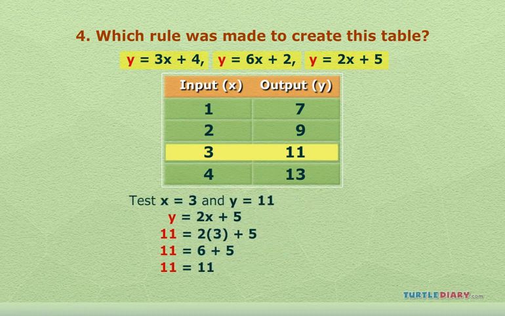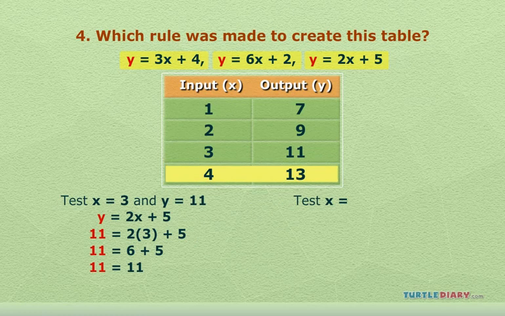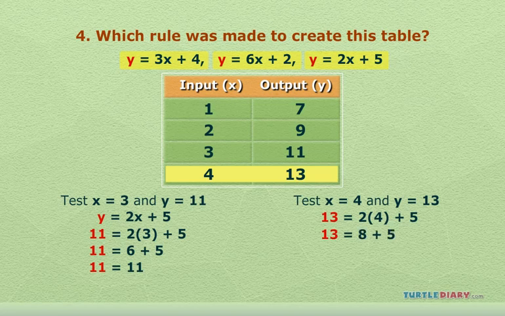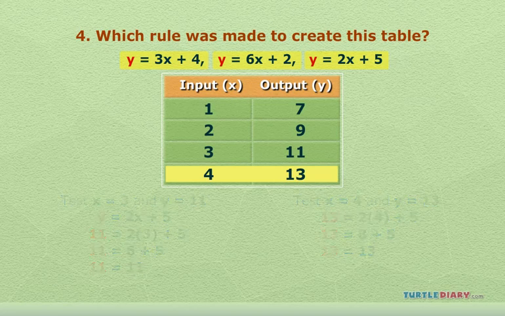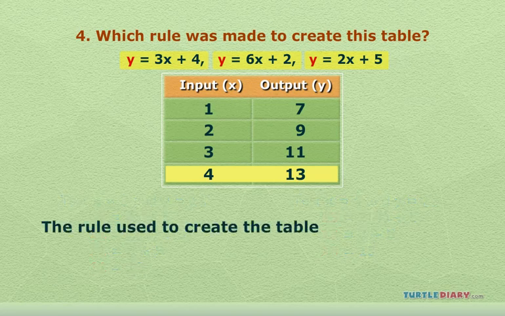True. Test x equals 4 and y equals 13. 13 equals 2 times 4 plus 5. 13 equals 8 plus 5. 13 equals 13. True. The rule used to create the table was y equals 2x plus 5.